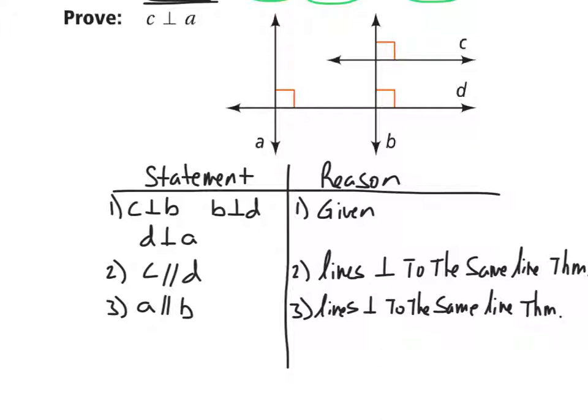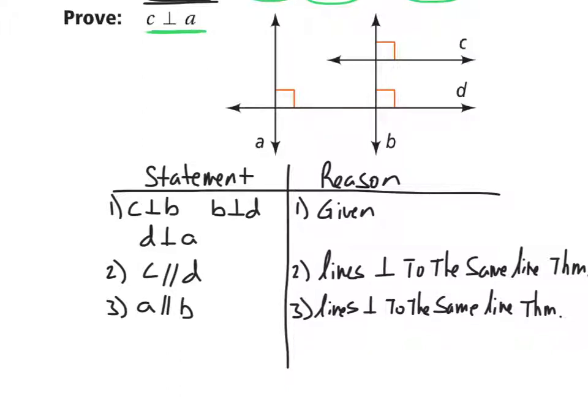All right. Again, we're trying to prove that C is perpendicular to A. We know that A is parallel to B. Let's see, what else can we do? Let's highlight everything we know about our two lines we're trying to show are perpendicular. Sometimes just organizing our thoughts is the way to go.